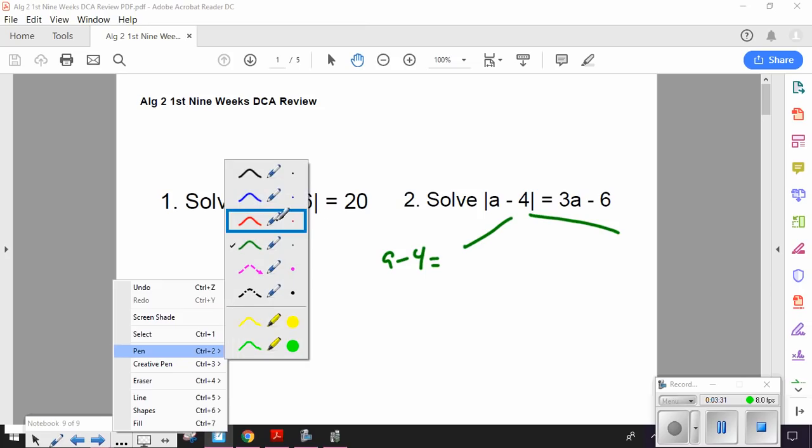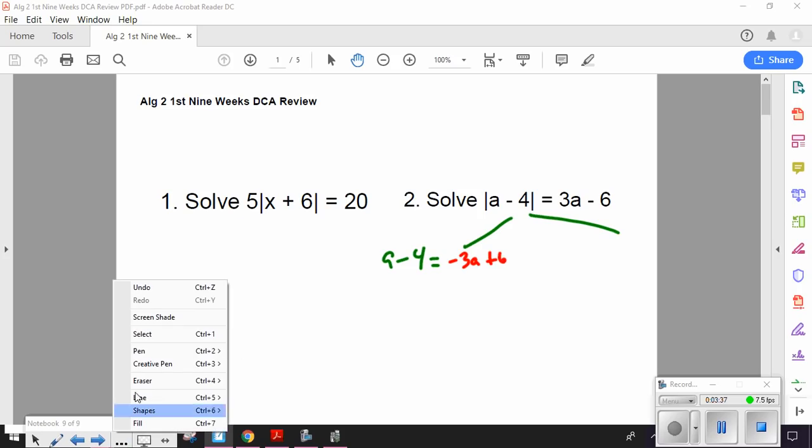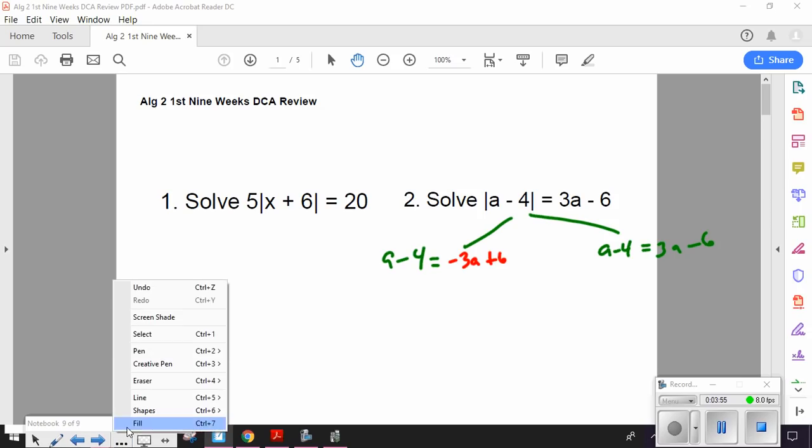So the opposite result would be a negative 3a plus 6. And then the other version is a minus 4 equals 3a minus 6, exactly as it's written. So you got to have an opposite and the current.